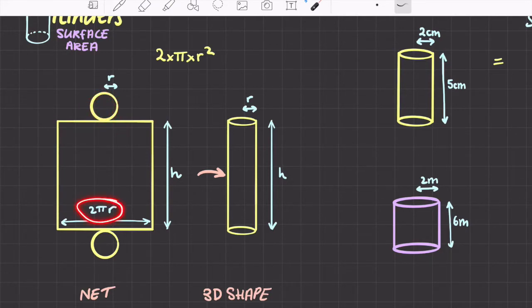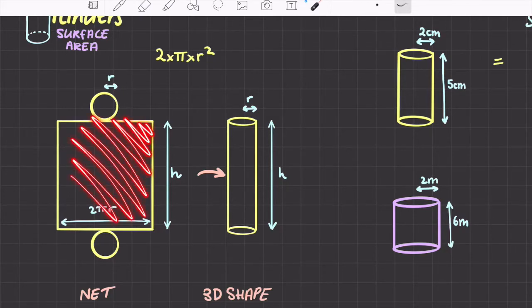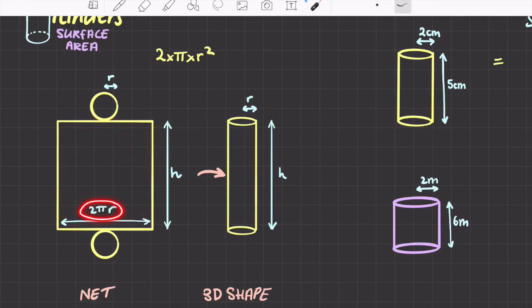And we know that the circumference of a circle is 2 pi r, or pi times the diameter. So for the rectangle, for this area here, I'm going to have 2 pi r multiplied by h. And I'm going to have to add that on because that's the other shape there. So we've got 2 pi r times h.